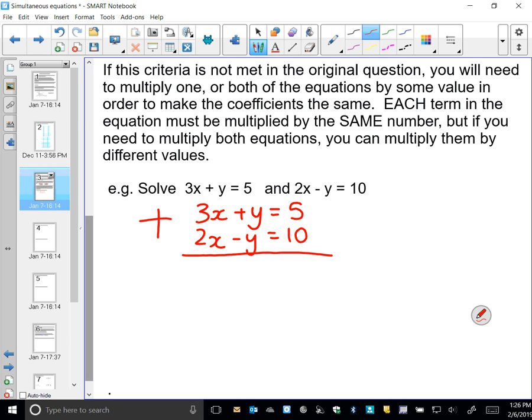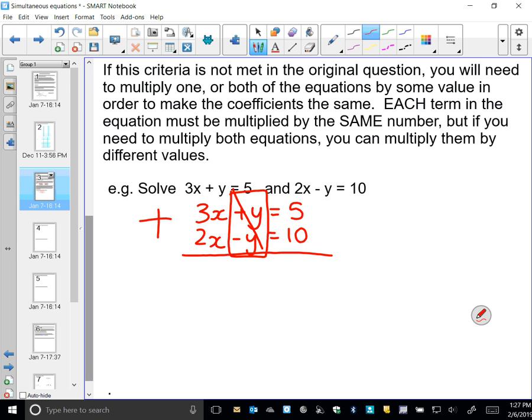Is that the same number but different signs? Yes. Okay, so this is good to go. What I tend to do is draw a box around it and cross it out, because I've got plus y and minus y, so I know that they are going to merge together when I add them to become nothing. You all understand that? You see why it's going to merge? Yeah. And so literally I'm just going to add them now.